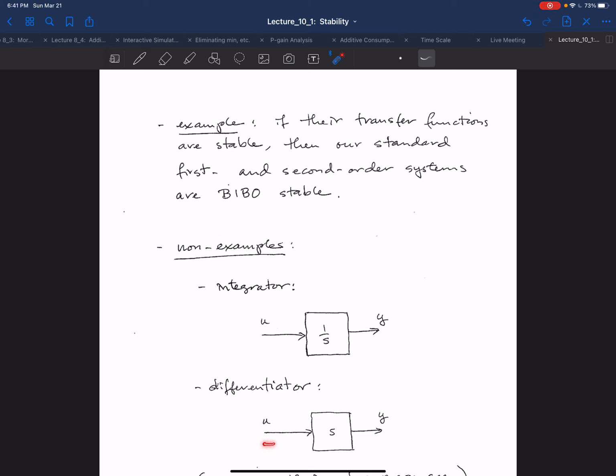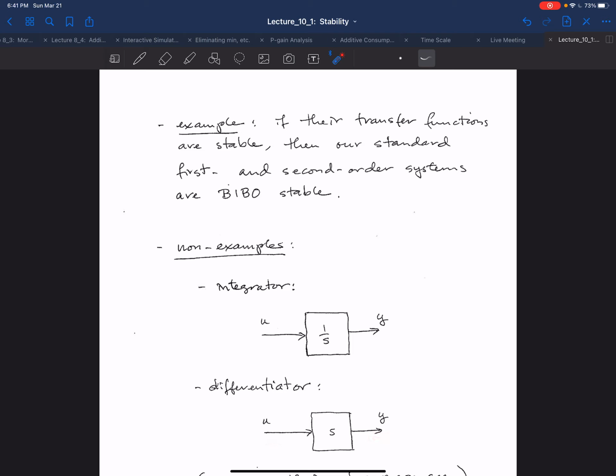And in fact, if we take the transform 1 over s of a unit step, multiply it by s, which, multiplication by s in the Laplace domain corresponds to differentiation in the time domain. If we carry out that multiplication, we get 1, which is the transform of the impulse. So if we feed a unit step into a differentiator, we get an impulse, and an impulse function obviously cannot be bounded.